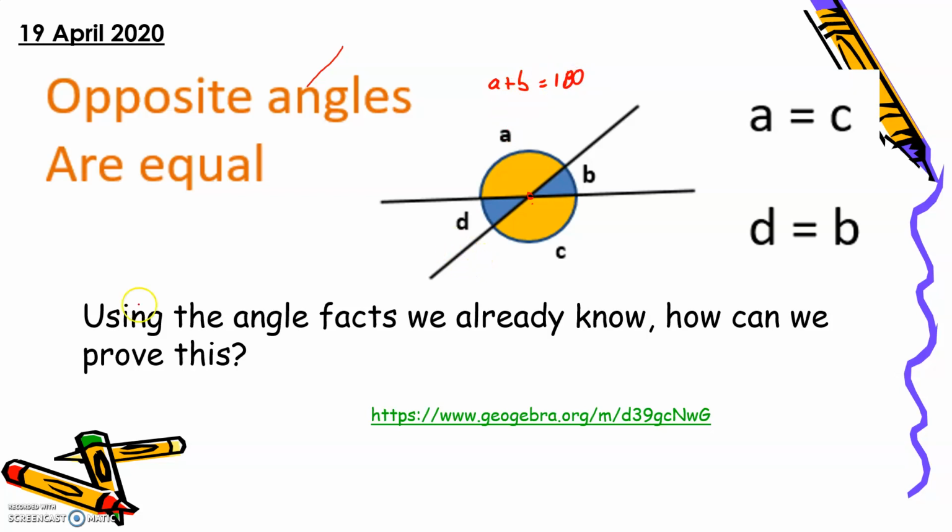And also that C is equal to D. So it makes sense that if C and D equals 180, then C and B must equal 180 as well. So the rule is where we have vertically opposite angles, they are equal.